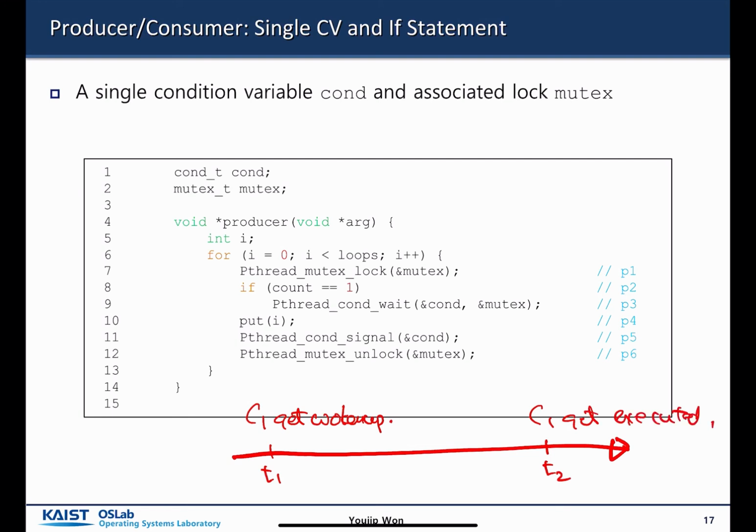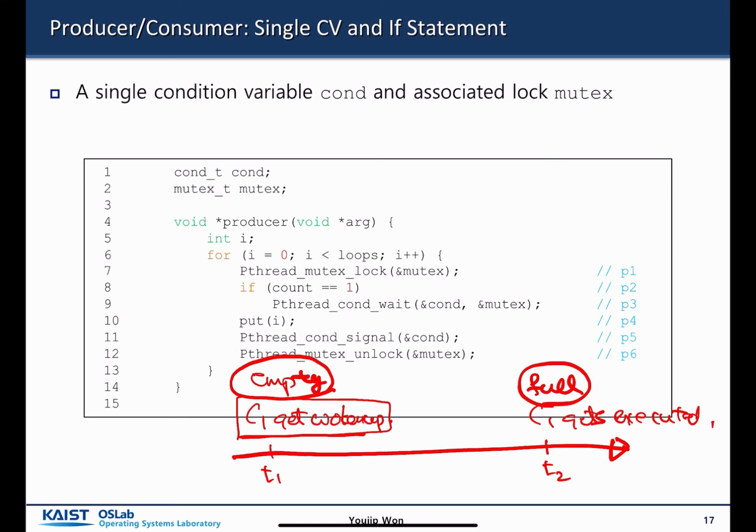When C1 wakes up, the buffer was empty. And when C1 gets executed, the buffer is full. So there is a difference between the state of the buffer when it gets woken up and when it gets executed.